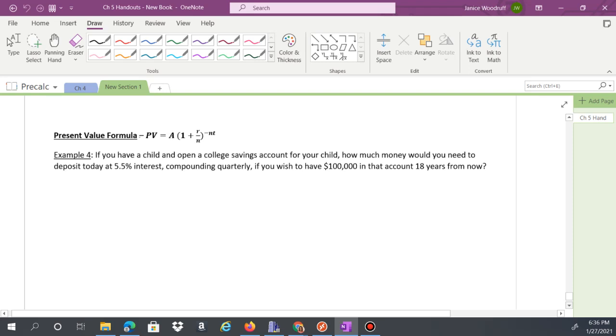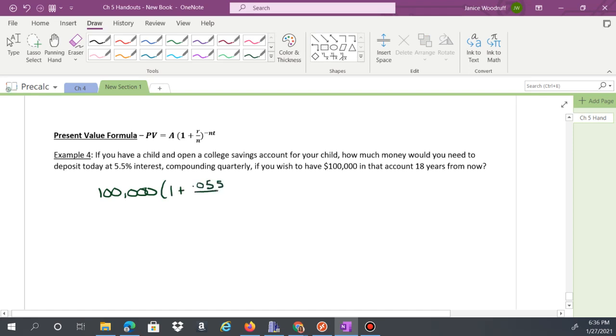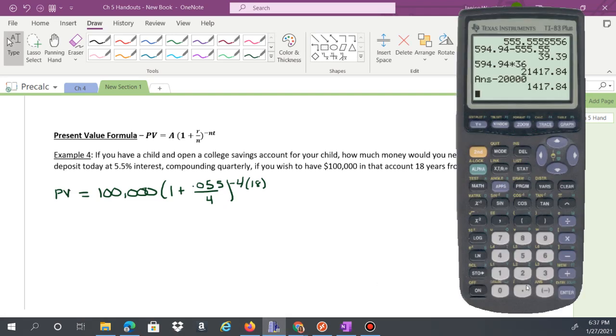Okay, so all you're doing here is you would find the amount at the end of the loan. 100,000 would be the A. And then you would have 1 plus your rate, 0.055, over n, compounding quarterly, that's 4 times a year, to the negative 4 times 18. That's going to give you that present value. You can do a lot of this in your calculator.